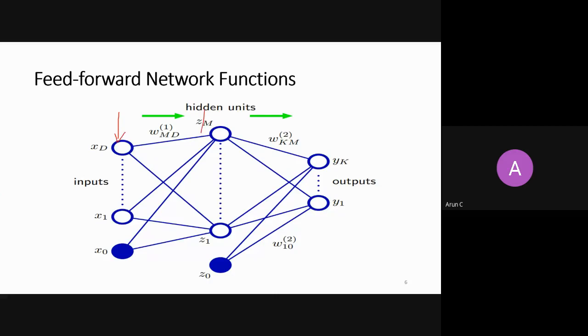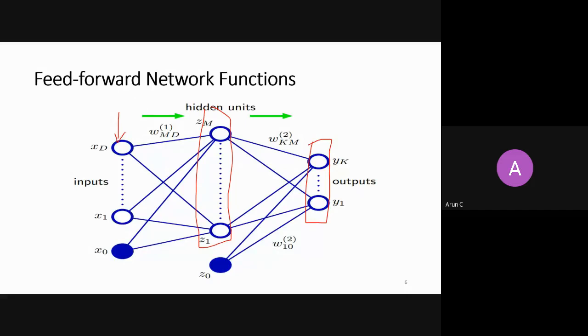So this is the first layer, and this is the second layer, right? According to this book, Christopher Bishop, PRML, this is a two-layer neural network, and I will take the same structure from now onwards, where I have only two layers. The first layer is my hidden layer, and the second layer is my output layer.